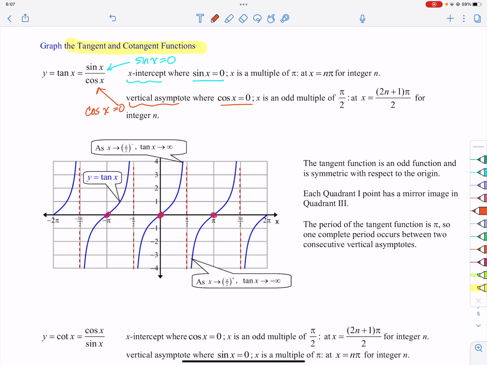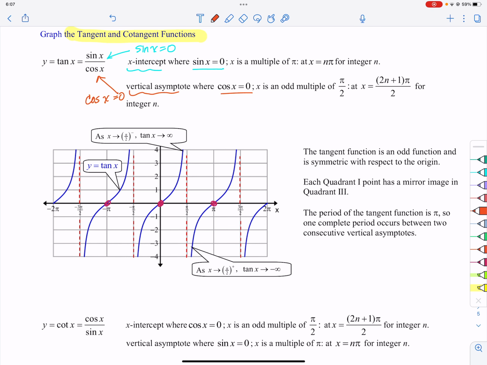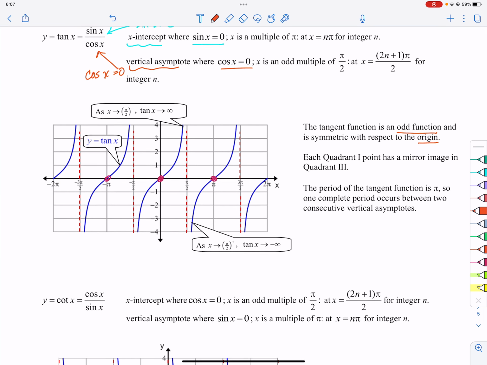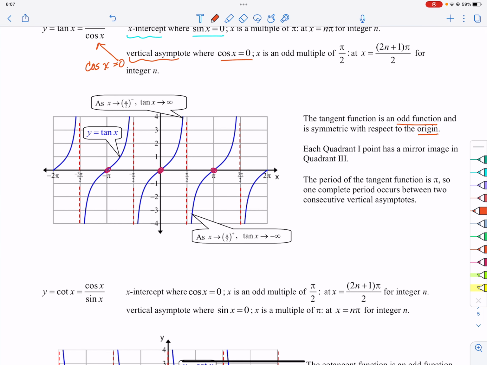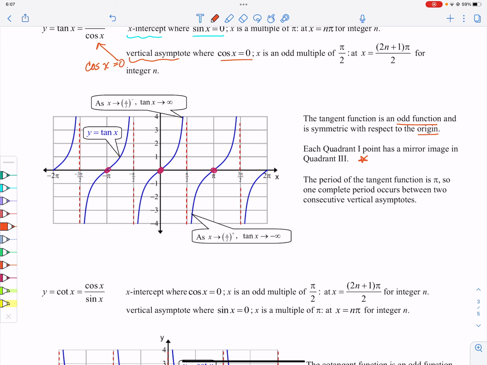So this is a very nicely graphed function. As you can see, we do have an odd function because it's symmetric with respect to the origin. Each quadrant, one point, has a mirror image in quadrant 3. This is actually a feature of being an odd function. And the period of the tangent function is pi.